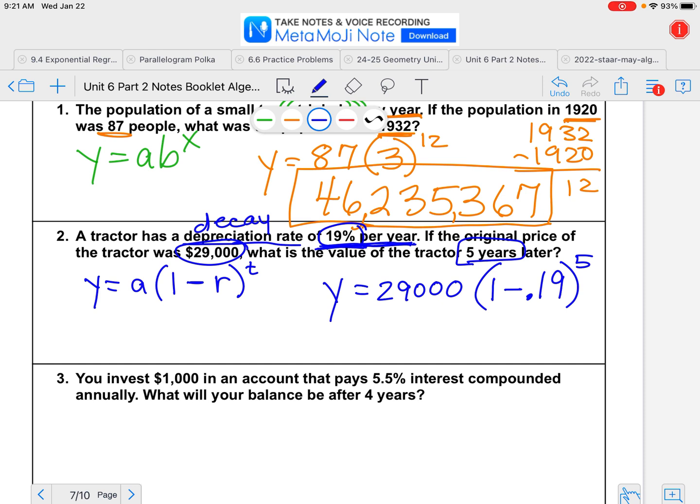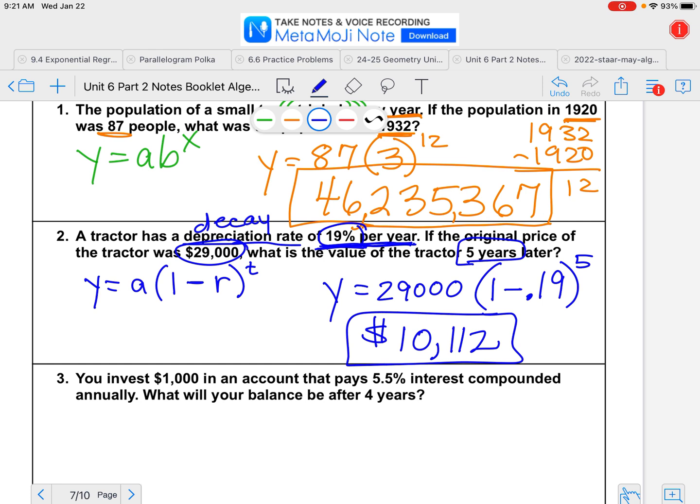And then you would just type this into your calculator, exactly like this, parentheses and all, with an exponent of 5. And you would get that it now, 5 years later, is valued at 10,112. Now, I just rounded to the nearest dollar because if I'm selling a tractor, I'm certainly not going to ask for the cents.